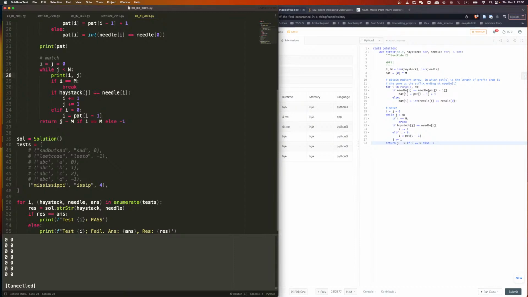Oh, initial doesn't match. If it doesn't match, j shall move forward. If it doesn't match, j shall move forward. But if I is larger than 0, but if I do this, right?